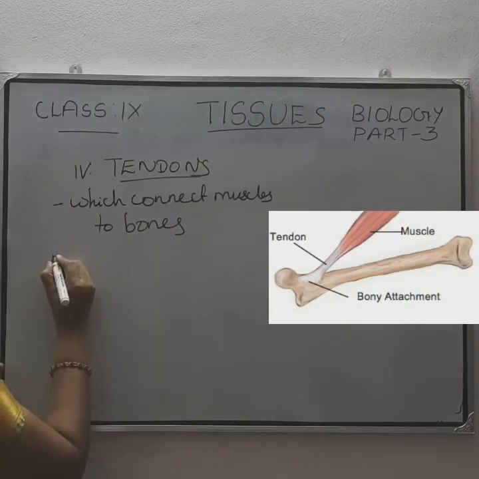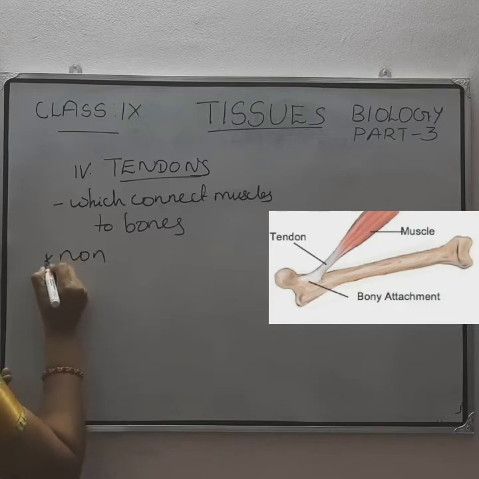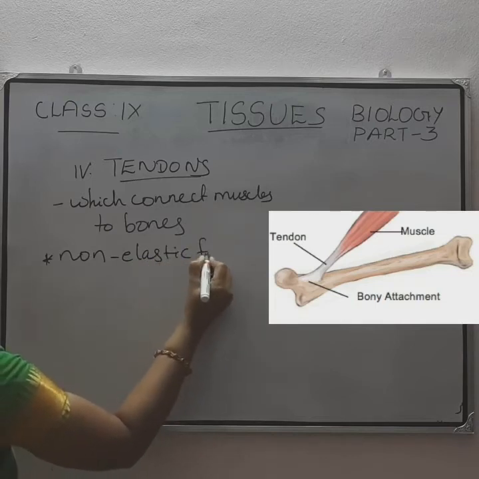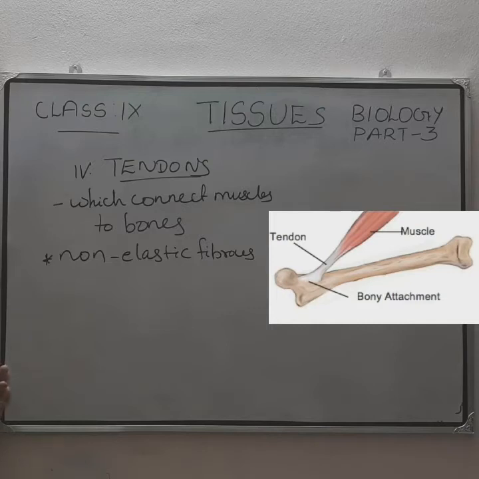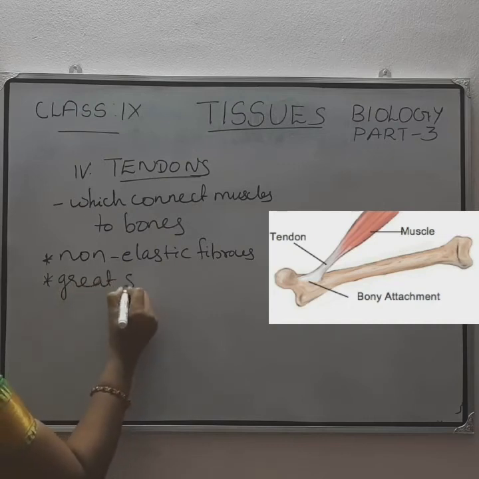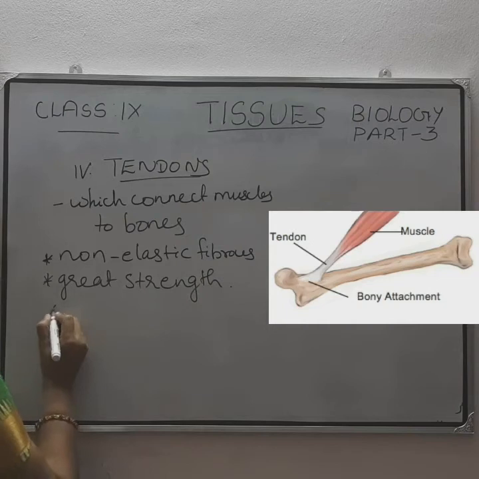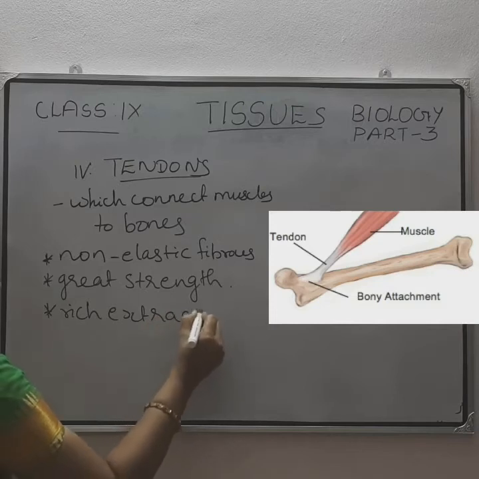And here these cells are non-elastic. This tissue is non-elastic fibrous tissue. It has great strength, and it consists of rich extracellular matrix.